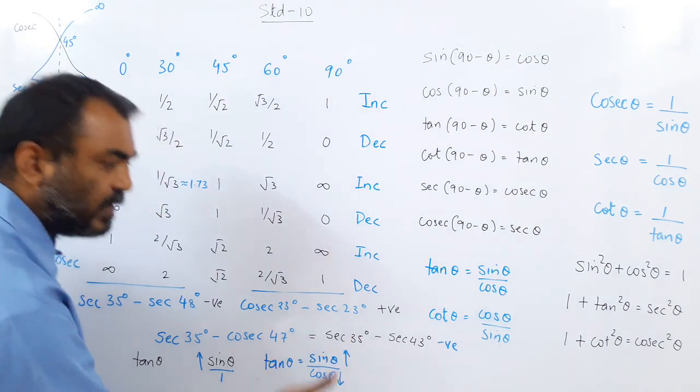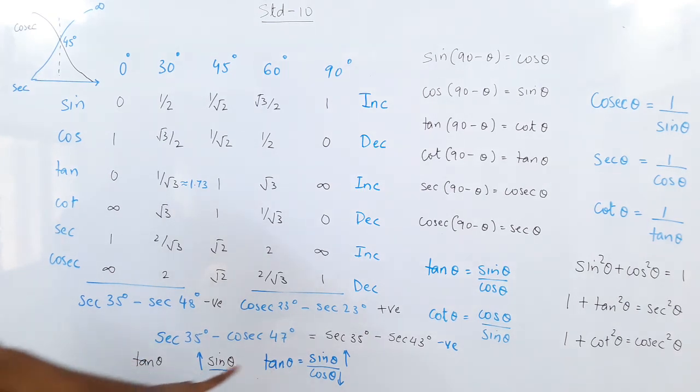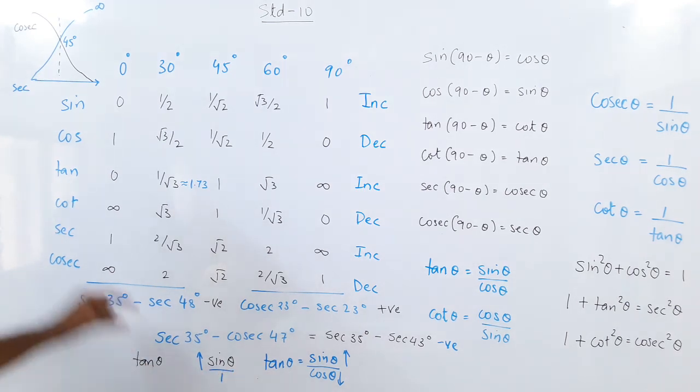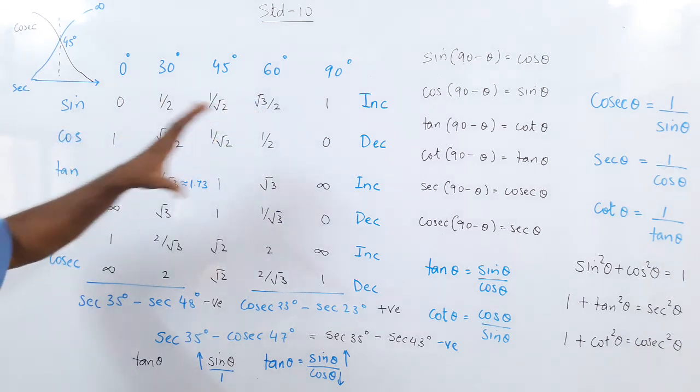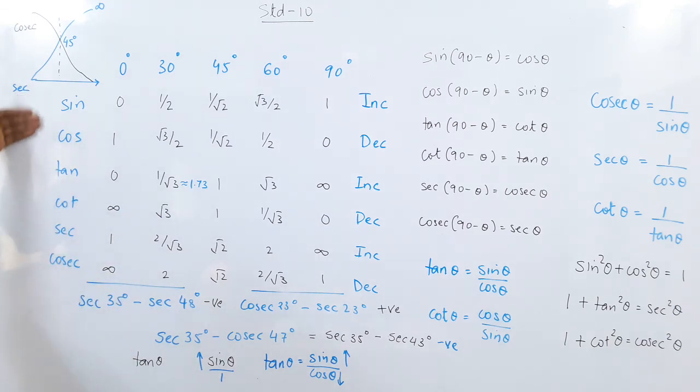Decreasing denominator means increasing function. So tan theta increases much faster than sin theta. Or you can even compare from the table. This table tells you a lot of logic which is not mentioned in many of the books. But when questions are based on this, you will see the table, compare the logic and see.